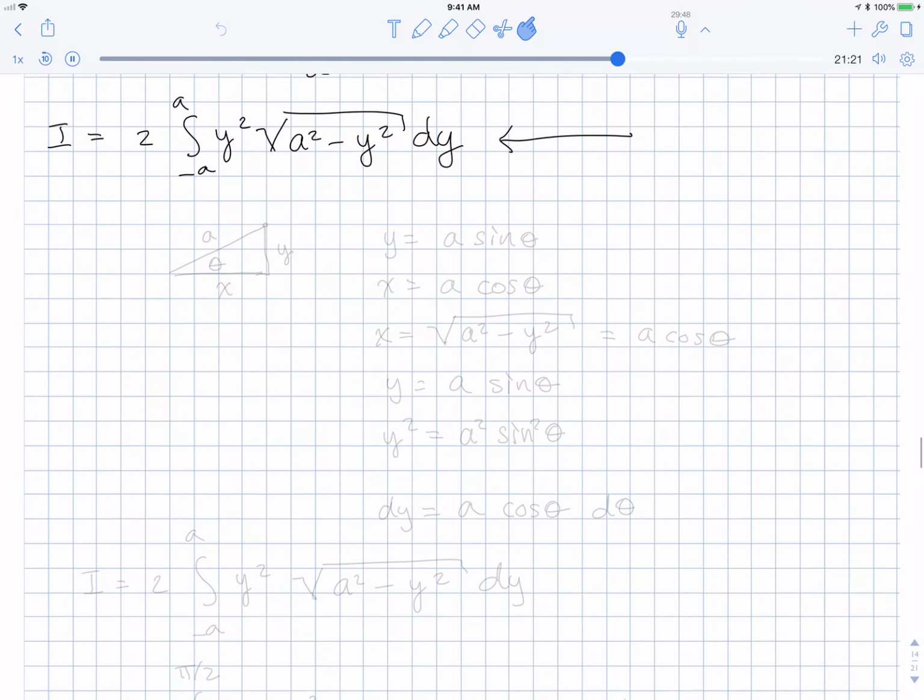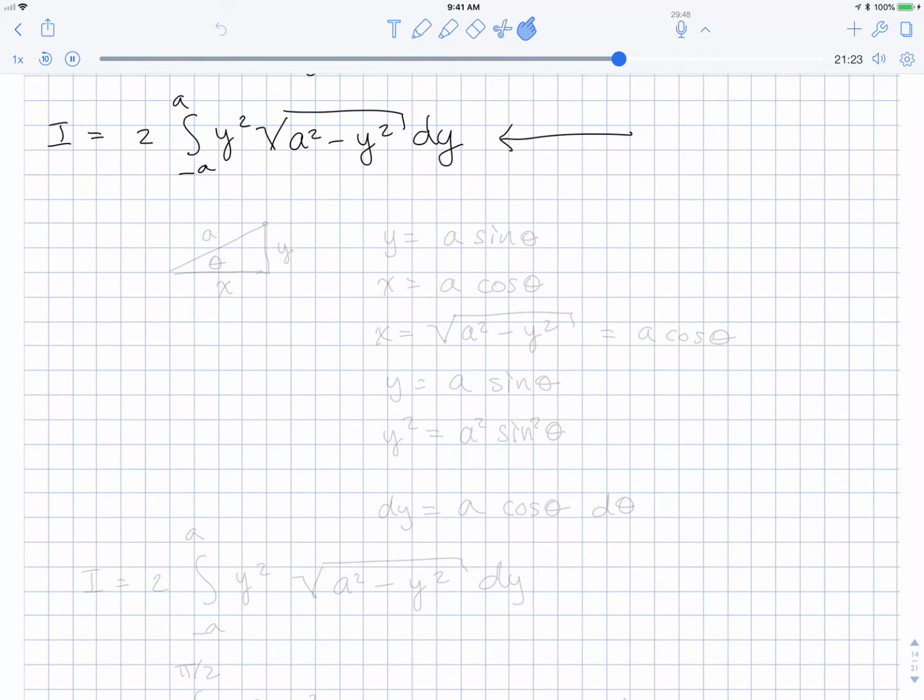So what we have, if you think about it, just a minute. If we draw the triangle to the point on the circle, where this is the radius a, this is y, this is x, and that's theta. Y is a sine theta, and x is a cos theta.